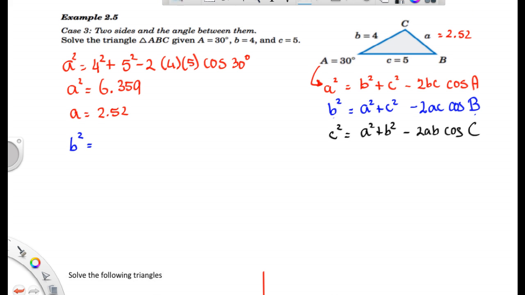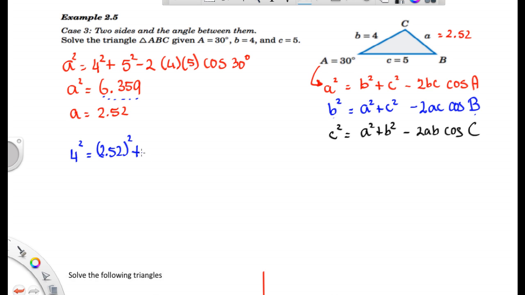So b squared I do know, right? I know that b squared, which would be 4 squared, is a squared, and I just found out that a squared was this number. So now we'll just use 2.52, and when we square it we should get that back.